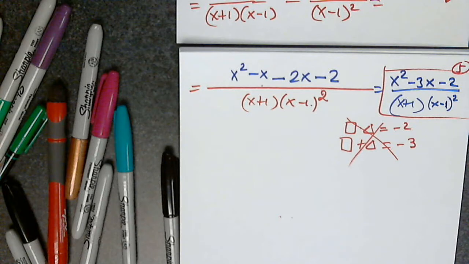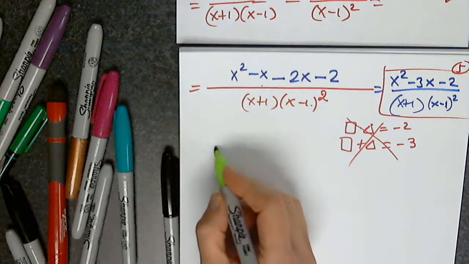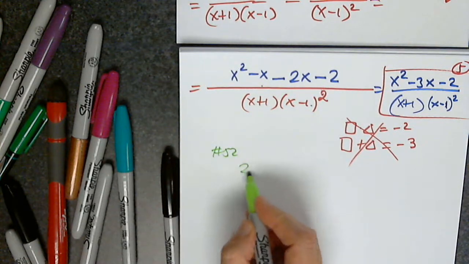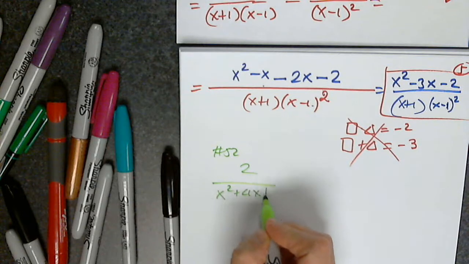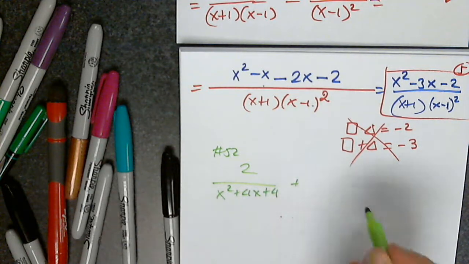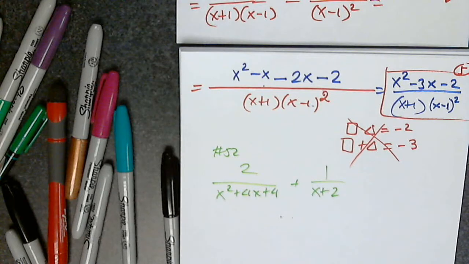Okay, let's look at 52. We have 2 divided by x squared plus 4x plus 4, and then plus 1 over x plus 2. One minute. In the meantime, I'm going to look for more.